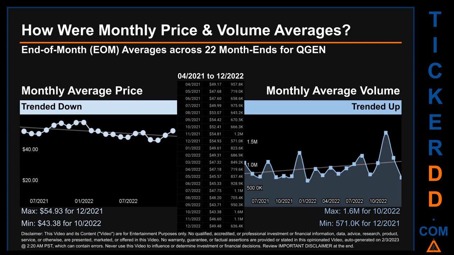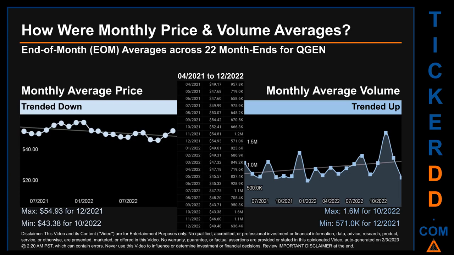How were price and volume averages for QGEN? Across 448 trading days, there were a total of 22 month ends, of which monthly averages for daily price and volume were calculated. Overall, monthly price average trended down while monthly volume average trended up.